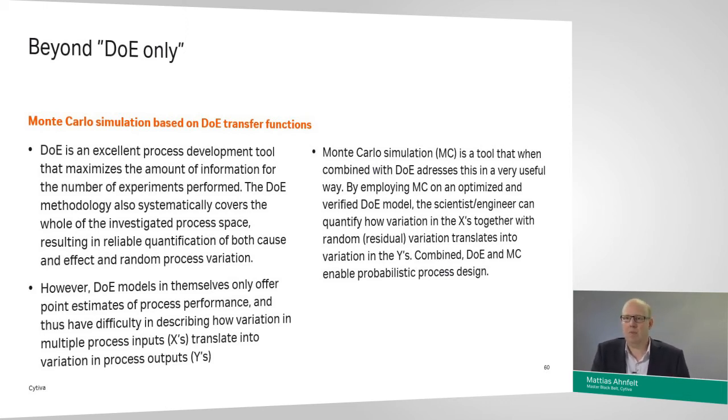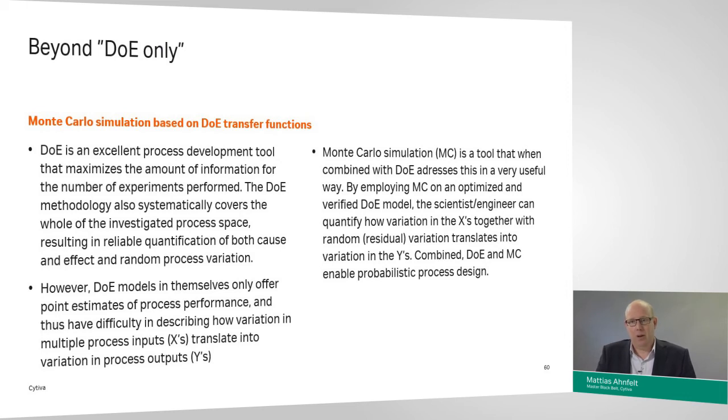But the polynomial approach with only using DoE can have difficulty, or does have difficulty, in describing how variation in multiple process inputs is going to translate into variation in multiple process outputs. This is where Monte Carlo simulation comes in as a very useful tool when combined with DoE.